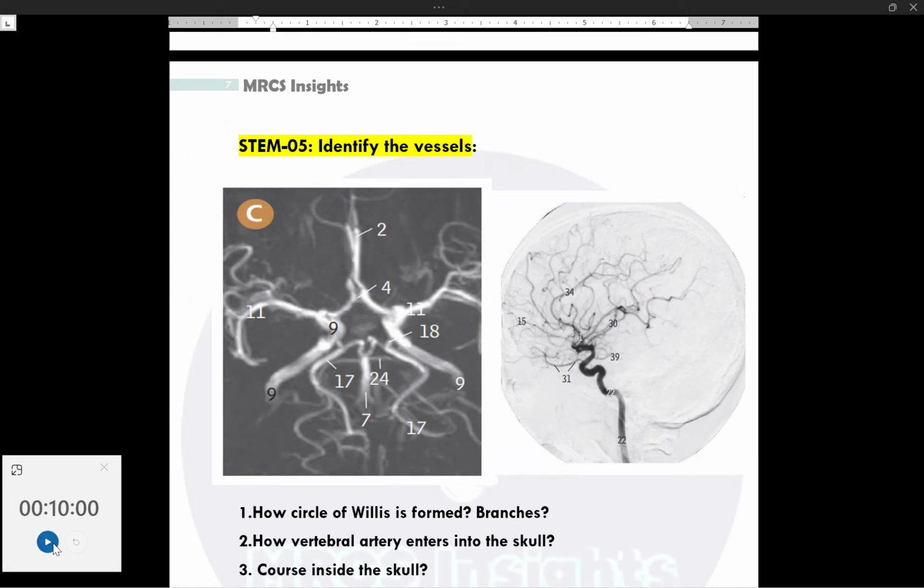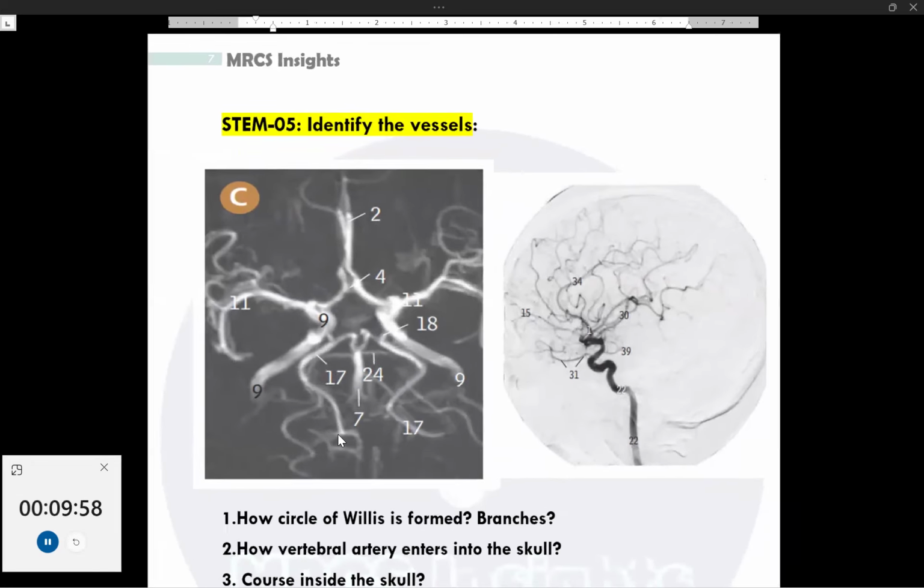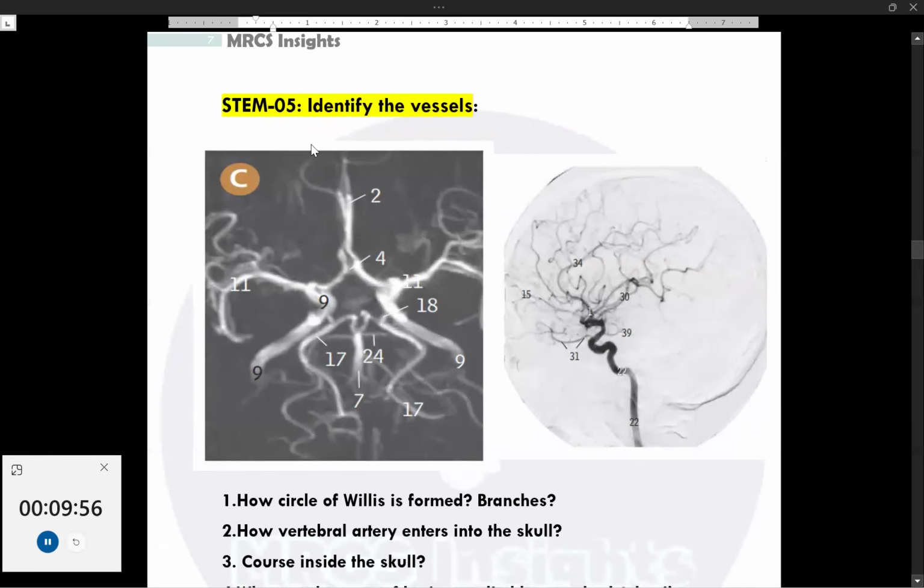So yes, let's start. What can you see here, Dr. Fayaz? That is a circle of Willis. Okay. So what is number 2? Number 2 is anterior cerebral artery. What is number 4? It is a communicating artery. Excellent. What is number 9? Number 9 is internal carotid artery.